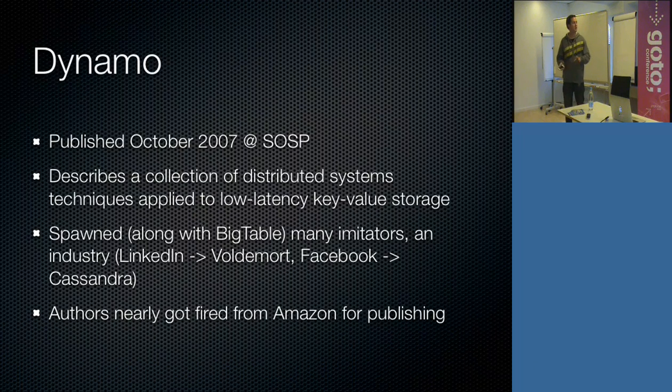This is the mid-2000s. The Google Big Table paper and the Google File System paper are another two papers that spawned this NoSQL movement, this explosion of alternative databases that we've seen in the last 5 or 6 years.